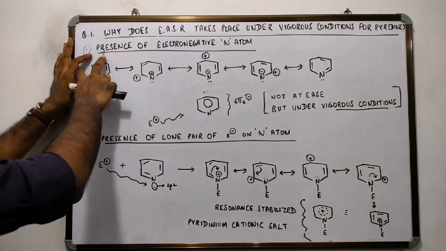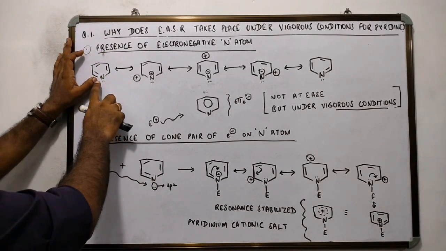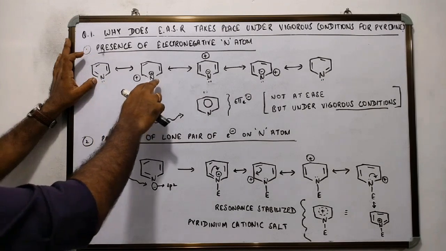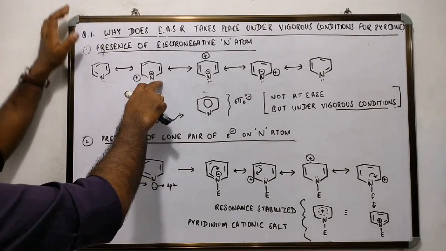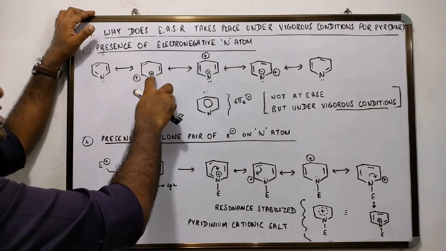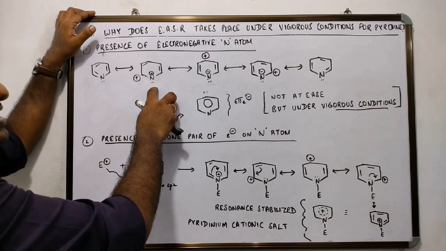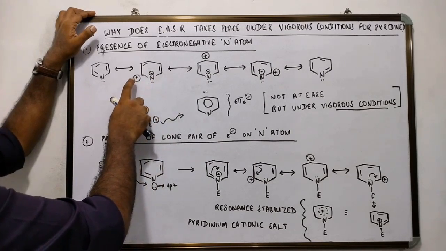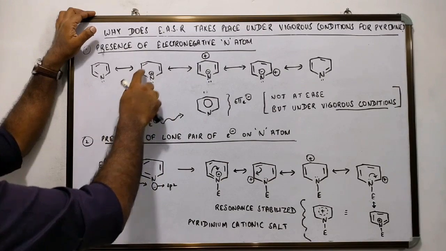Pyridine has 5 carbon atoms and 1 electronegative nitrogen atom. It is this electronegative nitrogen atom that pulls the adjacently lying electron pair towards itself, and that makes an adjacently lying carbon atom positive in charge.